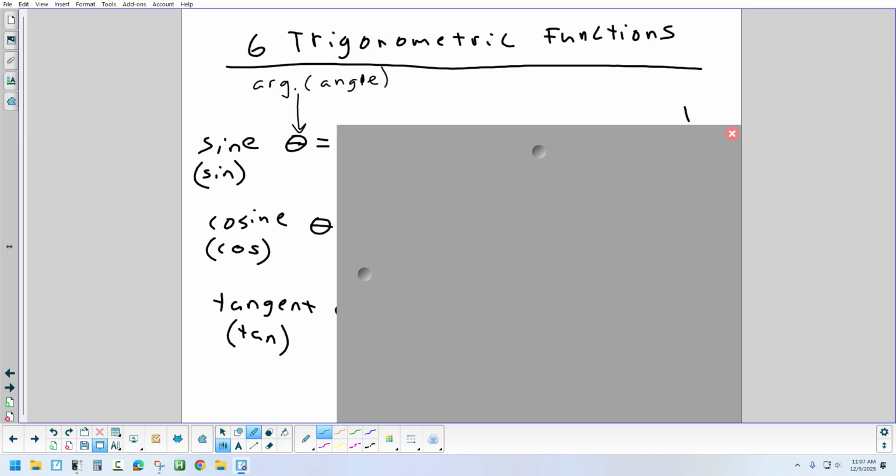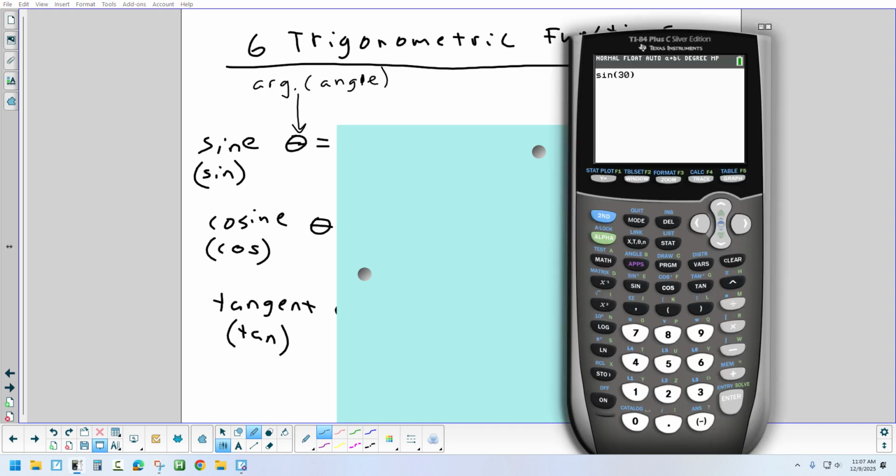That's the only thing you can take the sine, the cosine, or tangent of: an angle. You can't do it of the length of a side in a triangle. You can't do it of any other number unless that number is an angle. The angle can be in radians or degrees.